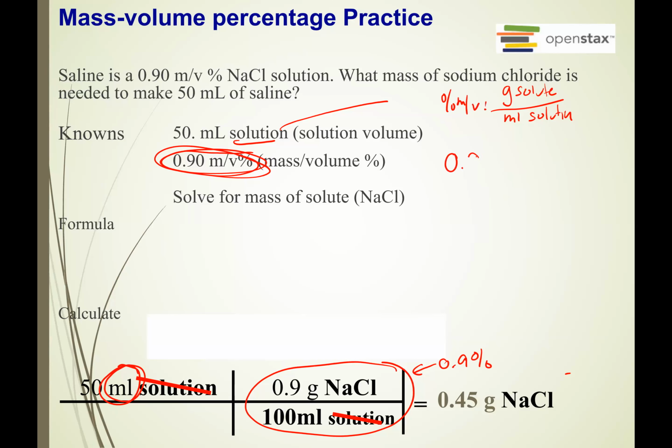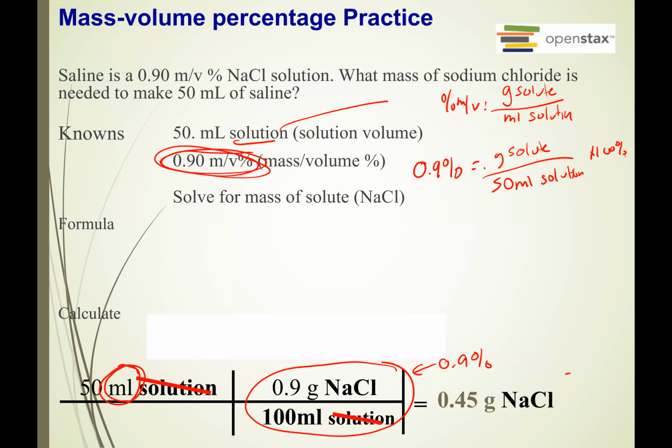If they give us 0.9%, that equals grams of solute over 50 milliliters of solution times 100%.